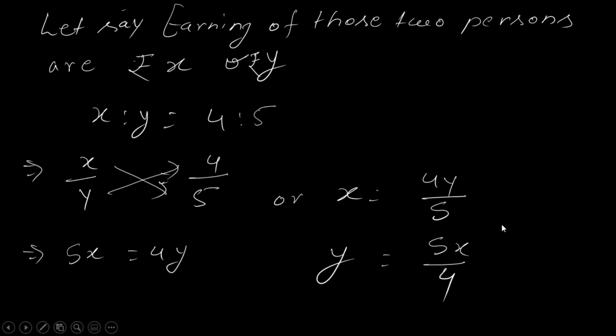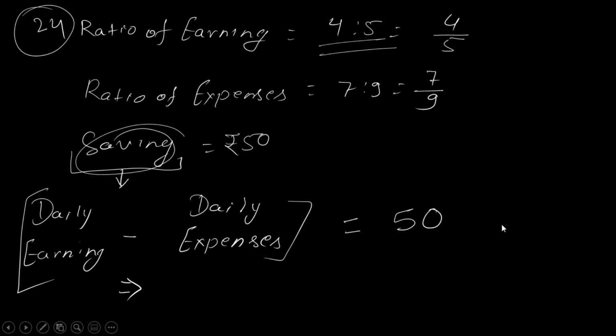Okay beta, now see, now you are given with ratio of expenses. So अब मैं यहाँ पे ओ स्टेप लिखता हूँ, रेशियो ऑफ एक्सपेंसेस. सो मैं कहूँ डेली अर्निंग माइनस एक्सपेंसेस इक्वल टू 50. दिस itself has become one equation. If I solve and say कि इस 50 को इस साइड एंड एक्सपेंसेस को उस साइड.